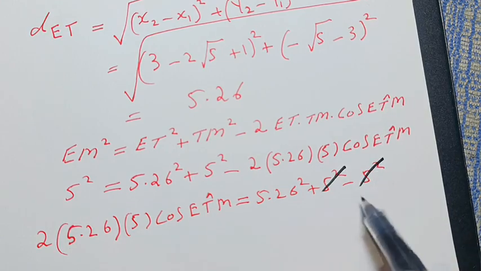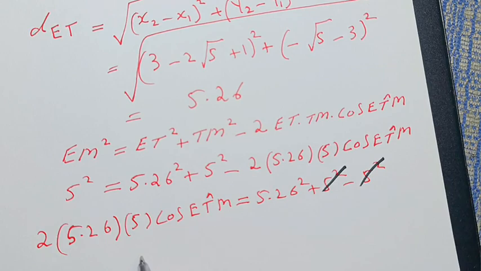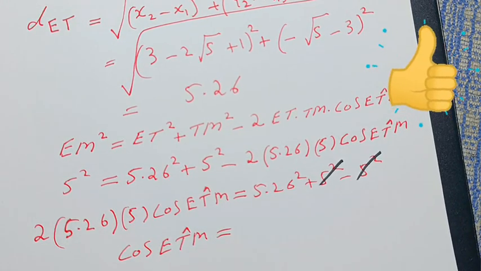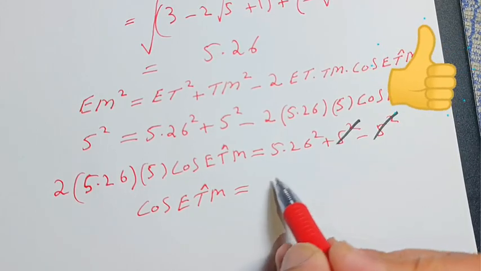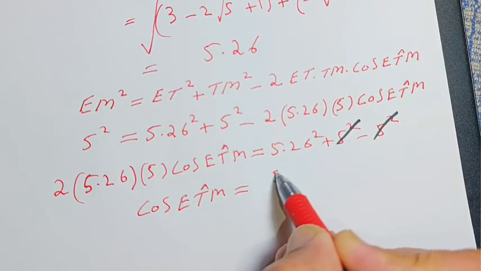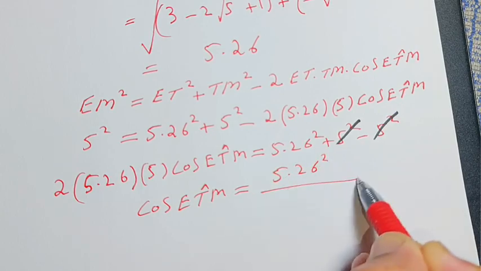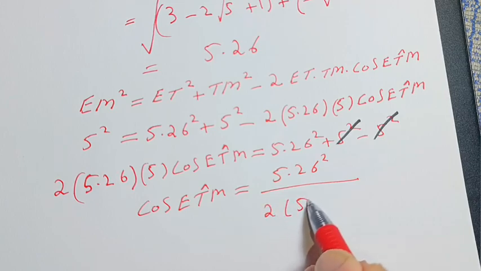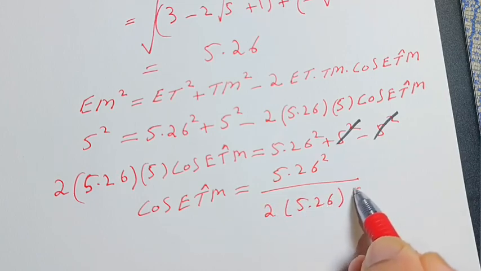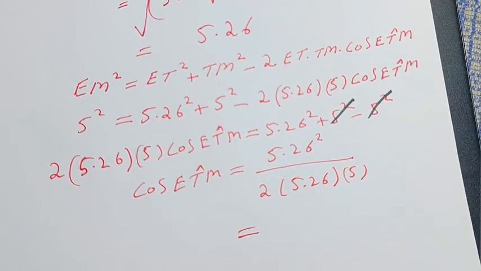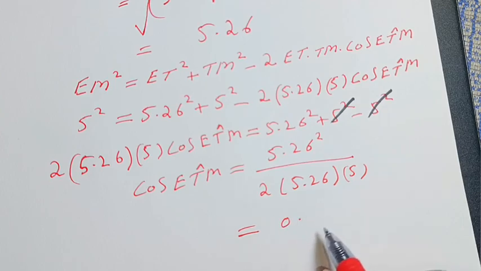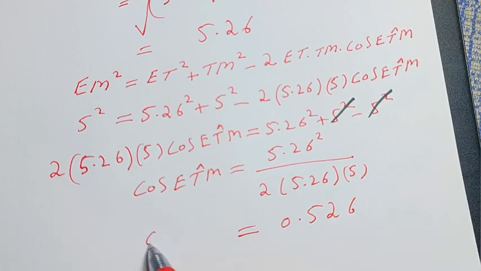I can see these two are cancelled, and now cos ETM is equal to 5,26 square over 2 multiply 5,26 multiply 5. I'm gonna solve with calculator, so it comes 0,526, and that's cos ETM.